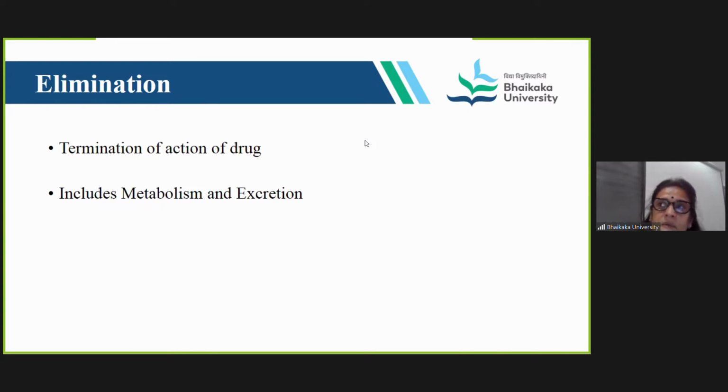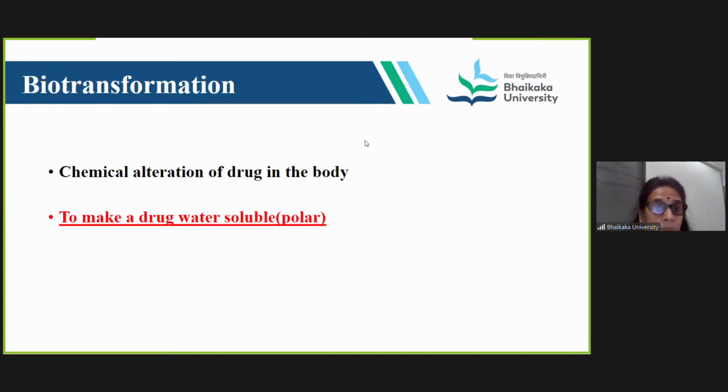So please remember that only excretion will not be considered as elimination. Even metabolism also terminates the action of the drug. So metabolism and excretion are included in this term, that is termination of action, elimination of drug.